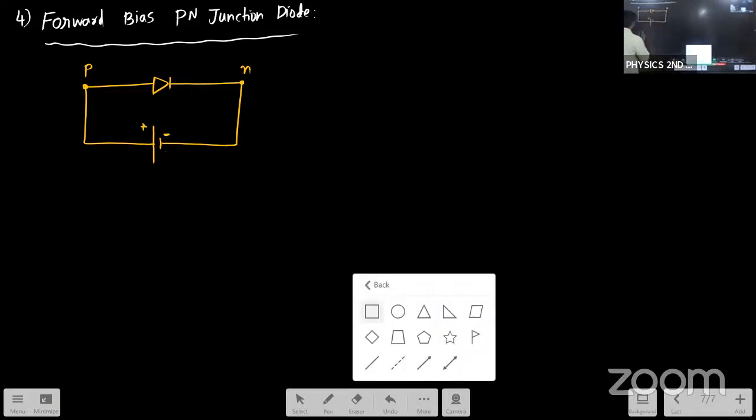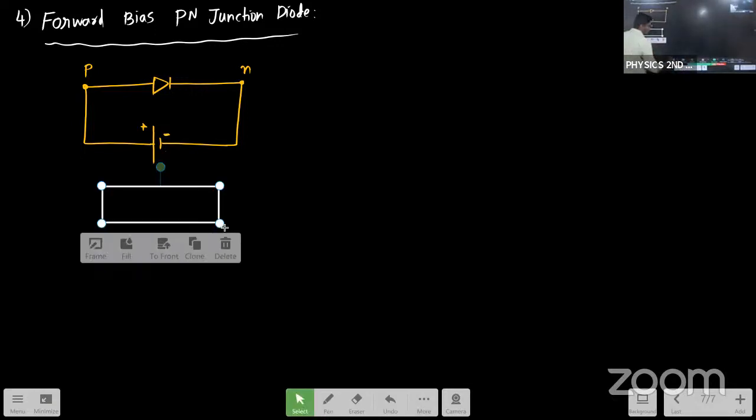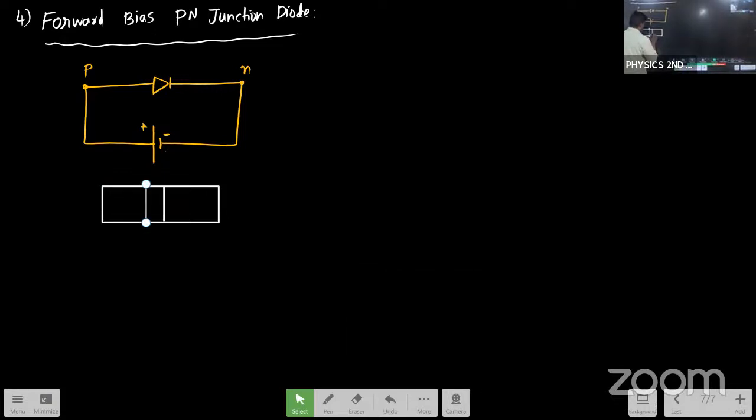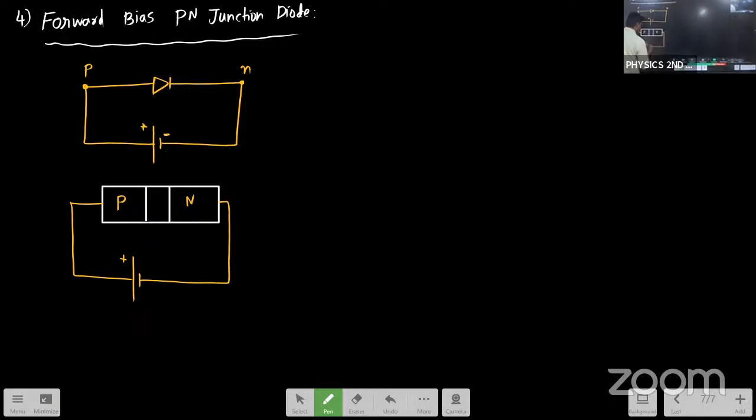See here, I will discuss one more important thing here. Try to understand. Let us assume this is my p-n junction diode. Here I am having p terminal, here I am having n terminal. To this p terminal I have attached high potential of the battery, and to this n terminal I have attached low potential of the battery, negative.